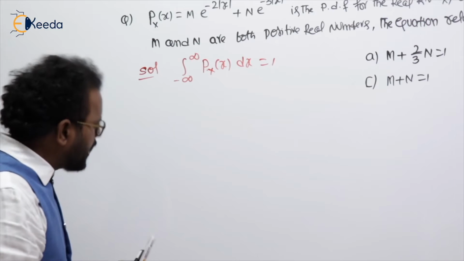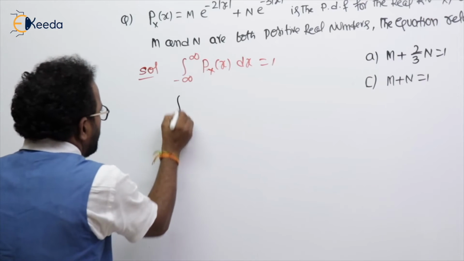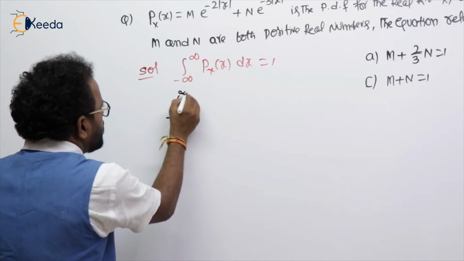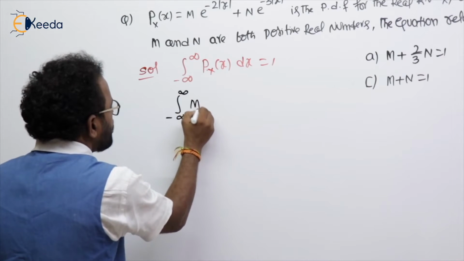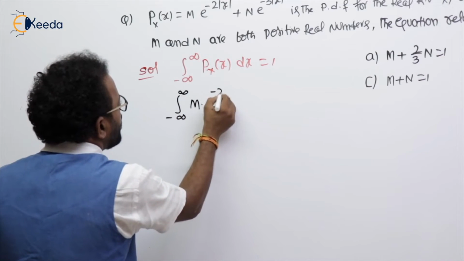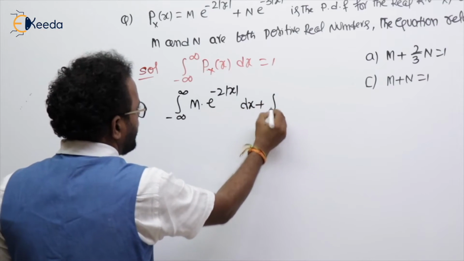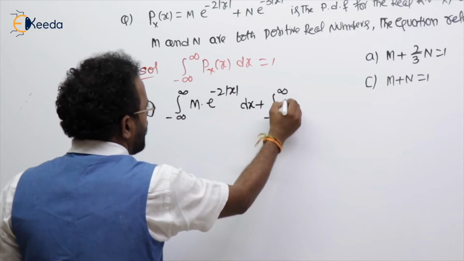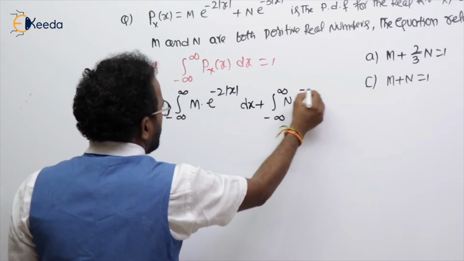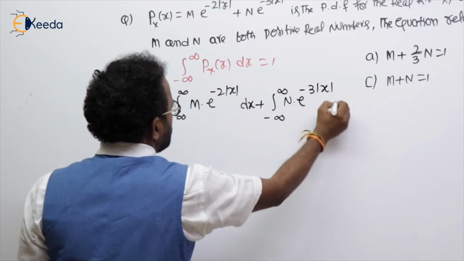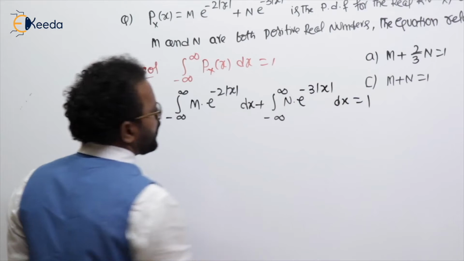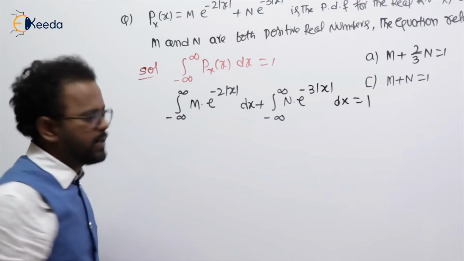Now substitute that value, students. So integral from minus infinity to plus infinity of m into e power minus 2 mod x dx, separately I am writing, plus integral from minus infinity to plus infinity of n into e power minus 3 mod x dx. The total probability under the PDF is 1.